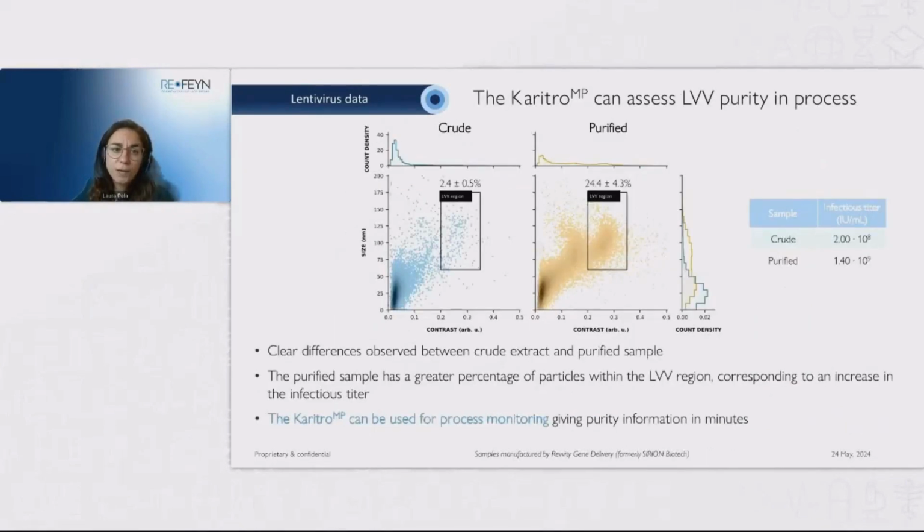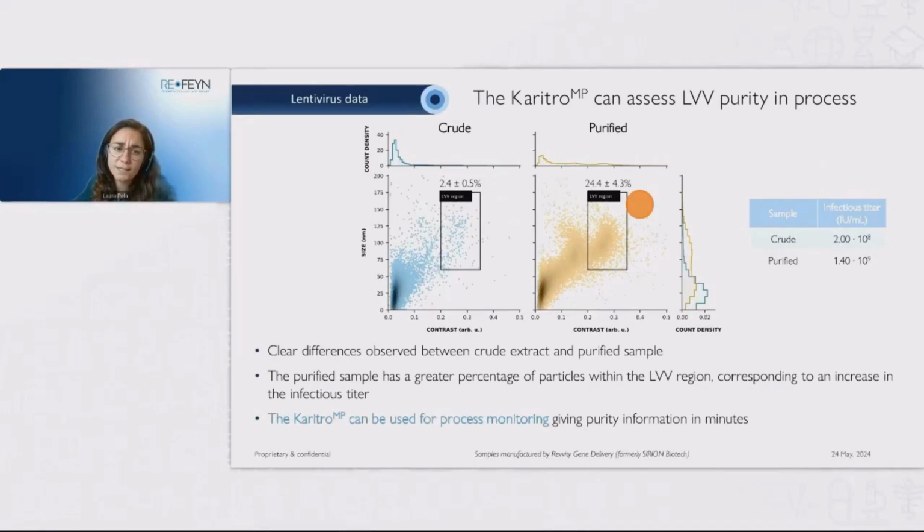I'd like to show you how the Karitro can assess the lentivirus purity in process. So here we compared a crude sample with a purified sample. So in the crude sample, you can see about 2% of the particles over the total in the lentivirus region, and they increase by tenfold in the purified sample.